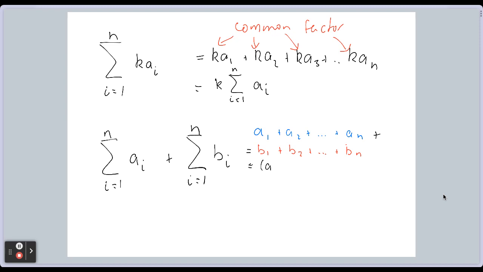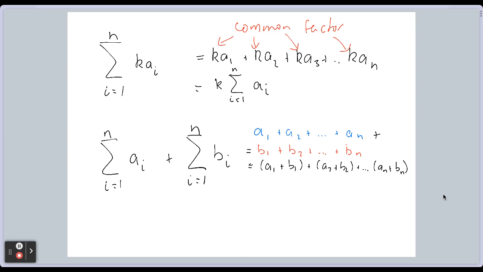And that's going to be A1 plus B1 plus A2 plus B2 plus all the way to AN plus BN. So what I've done, I've just reordered those two sums.